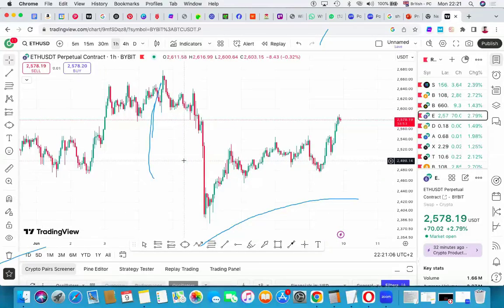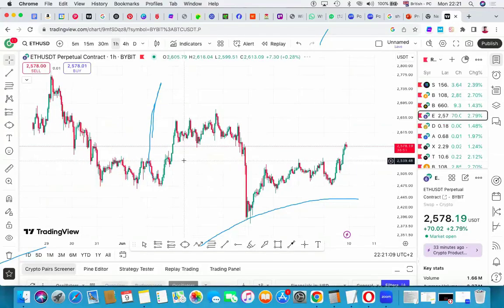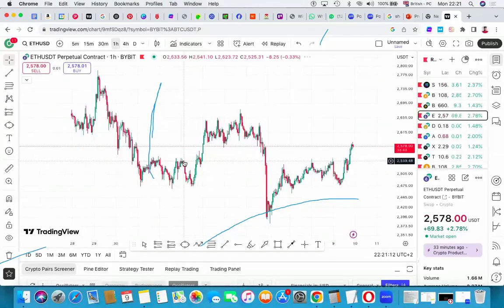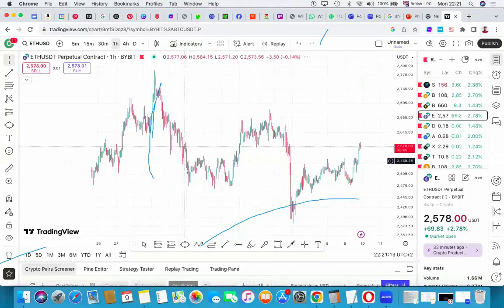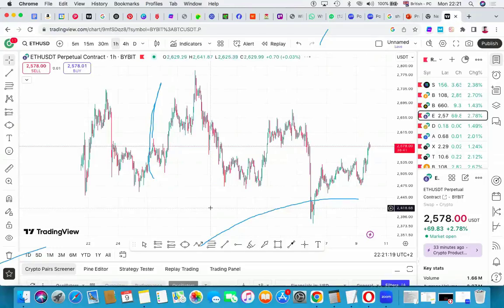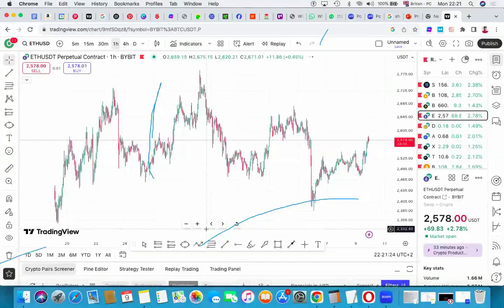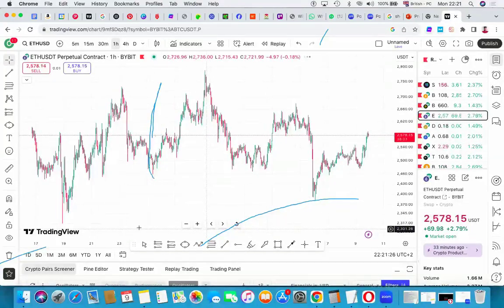So yeah, let me use a lower time frame. Let's use the 1 hour time frame and see if we can have a complete example for change of character. Yeah, here already I can see an example we can use.